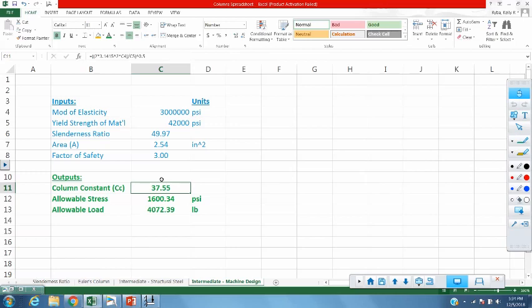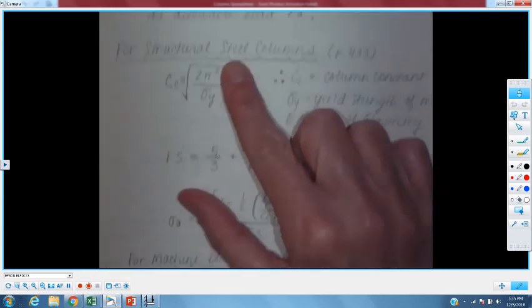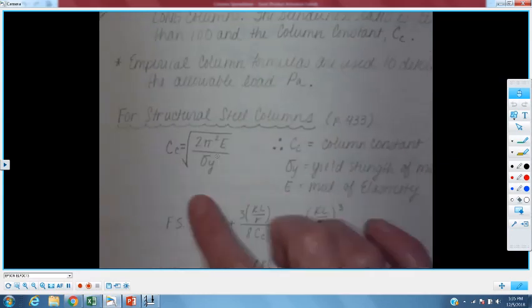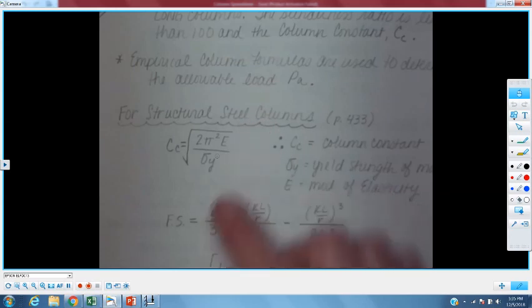If we go to the 5th page of that column handout, see here, oh, there it is. We are going to find the equation for the column constant. Now, the column constant is the same calculation for both a structural steel column and for machine design. So this is not just for structural steel. It might give that impression because it's here, but the equation for column constant will be as we see it here.